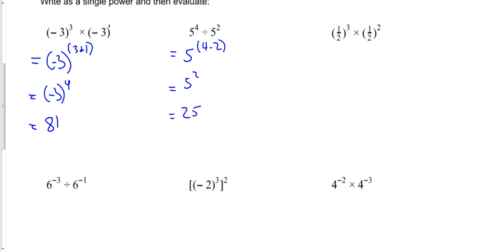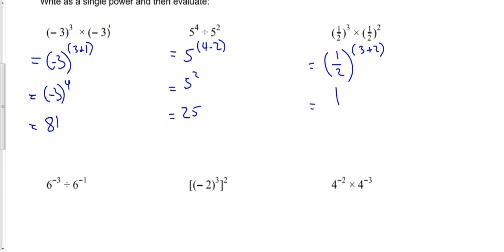Here we've got a situation where we've got a fraction as our base. Our powers are being multiplied, so we add the exponents. So 3 plus 2.